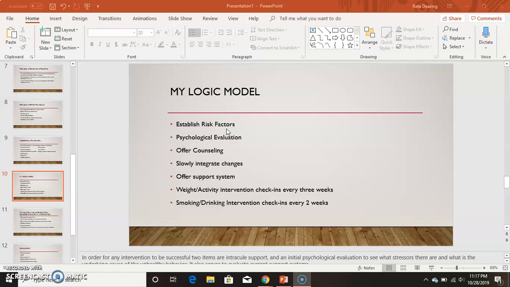Now, as far as smoking and alcohol abuse, that's a bit more tricky of a subject because they're technically addictions at that point. In the case of smoking intervention, there would be constant counseling. There would be free access to non-smoking aids like gum or patches or prescriptions like Chantix.